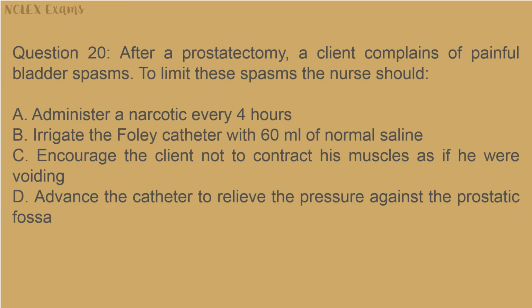Question 20. After prostatectomy, a client complains of painful bladder spasms. To limit these spasms, the nurse should A. Administer a narcotic every 4 hours, B. Irrigate the Foley catheter with 60 ml of normal saline, C. Encourage the client not to contract his muscles as if he were voiding, D. Advance the catheter to relieve the pressure against the prostatic fossa.